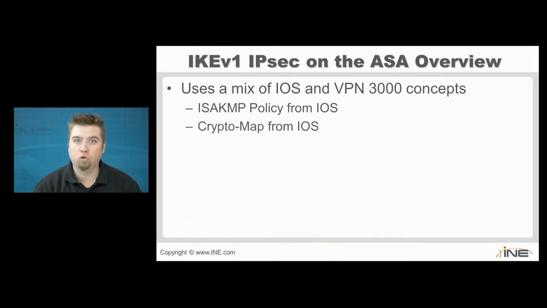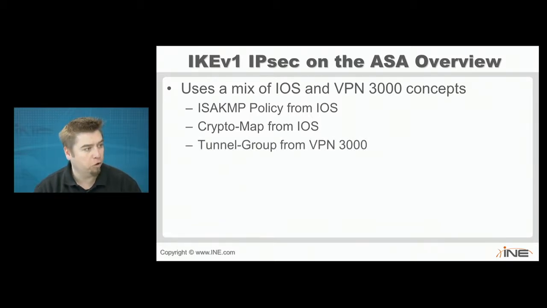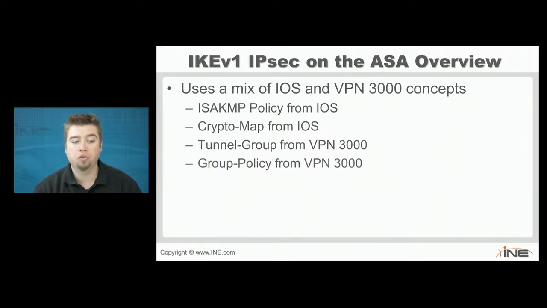We're also going to be using crypto maps similar to iOS where we specify what is the peer that we're sending the tunnel towards, what is the proxy ACL, the proxy identity that controls what type of traffic goes in the tunnel. But the difference that comes from the legacy concentrator are their notions of the tunnel group and then also the group policy. Now these we'll see are going to be most useful when we're dealing with any type of remote access VPN, whether this be an Easy VPN IPsec config or whether this be a web VPN or SSL VPN based configuration.